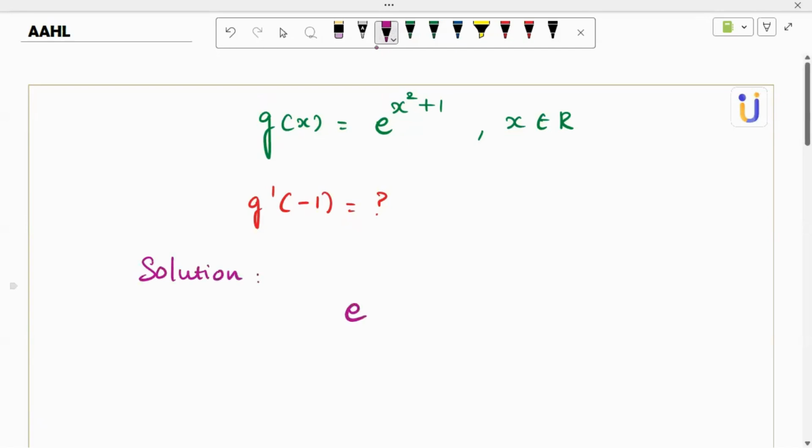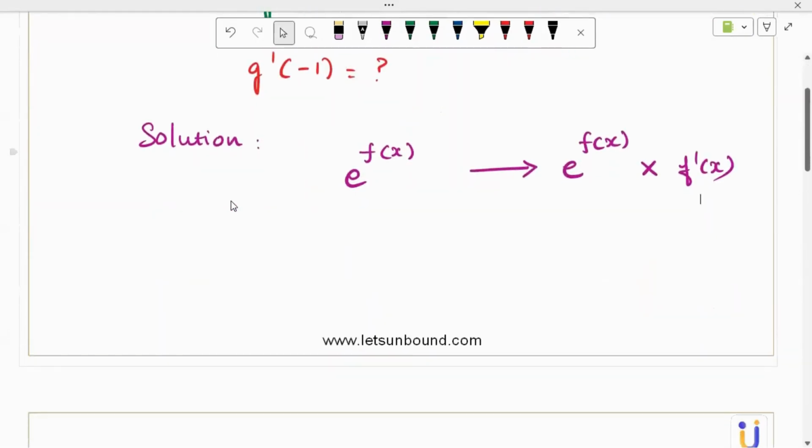If your function is of the form e power f of x, its differentiated version is going to be: copy that stuff, whatever is given, times the chain rule, the exponent differentiated, f dash of x. Same here, g of x is e power x square plus 1.